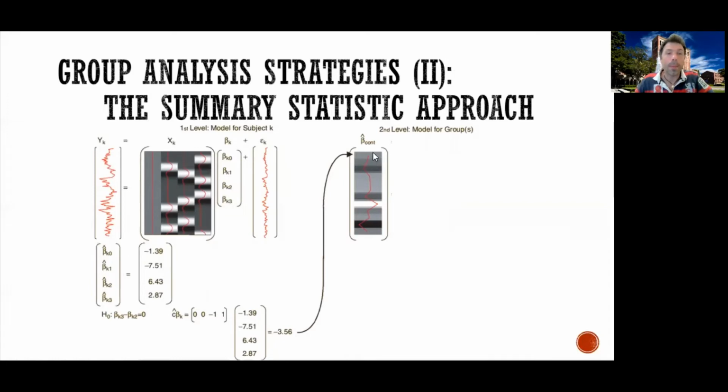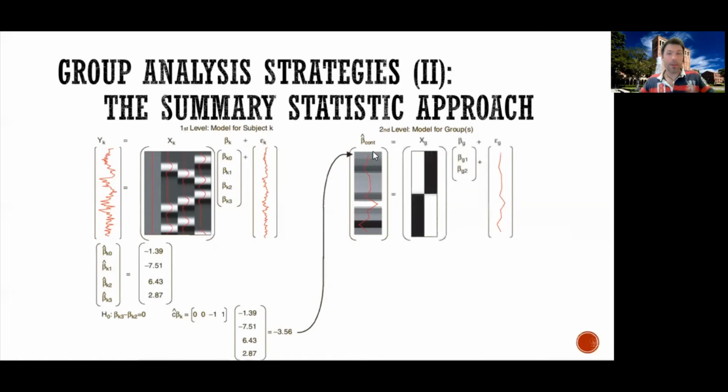So we take the results from the first level analysis and we aggregate those in a group analysis. And here we have some other type of grouping matrix, which could be, again, healthy volunteers versus patients, or this is just faces, the average of this, faces versus houses, or who knows.